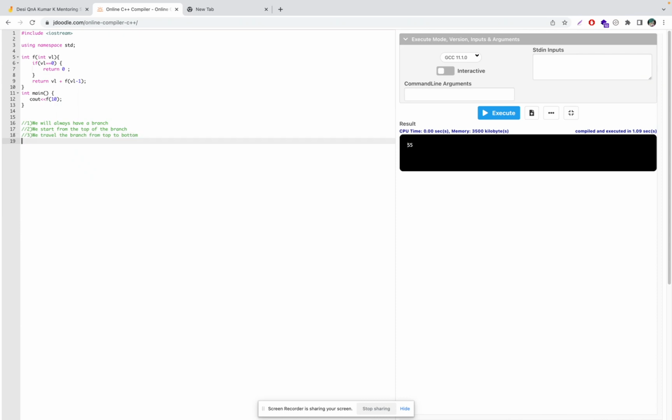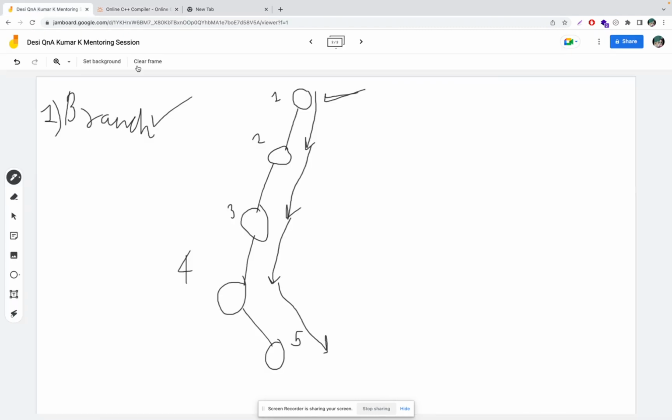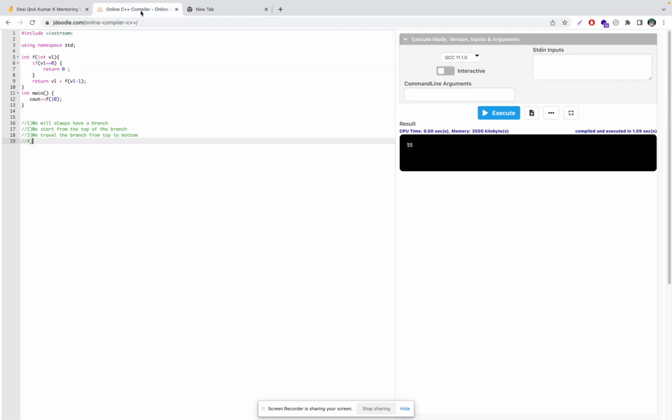The fourth point: once we reach the bottom, we again travel in the upward direction like this.